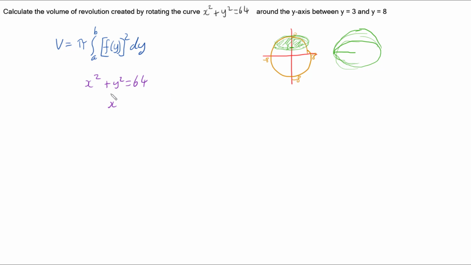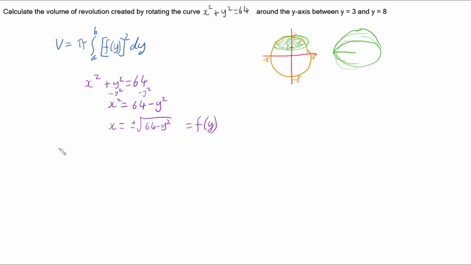So I'm going to minus the y squared from both sides, giving us x squared equals 64 minus y squared. And then to get the x on its own, I'm going to have plus or minus the square root of 64 minus y squared.